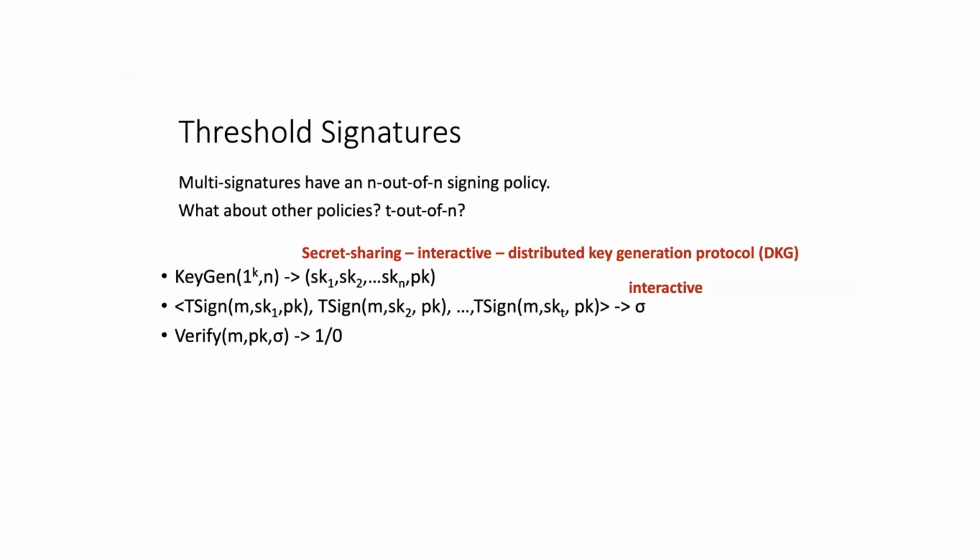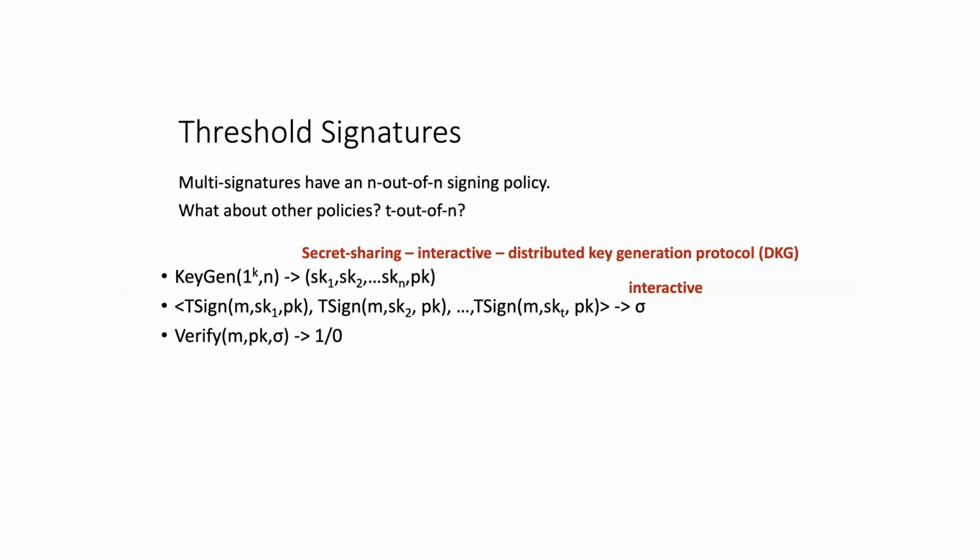Typically in threshold signatures, you should think of the, actually let me state it the other way around. In multi-signatures, you should think that every user has its own keys and they can put their keys together to sign something. In threshold signatures, you should think of it as a group of signers has a key and they break down this key in pieces and give all the shares of the key across the different members of the group.